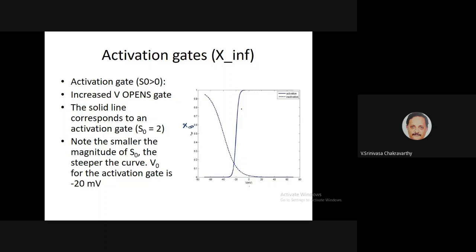And this transition can be rapid or long. The case where it increases with voltage happens when S naught is positive. And the case where it decreases with increasing voltage happens when S naught is negative.